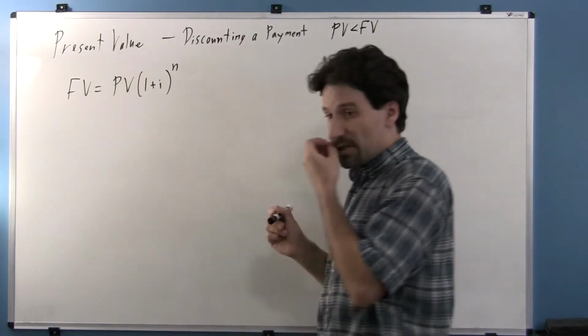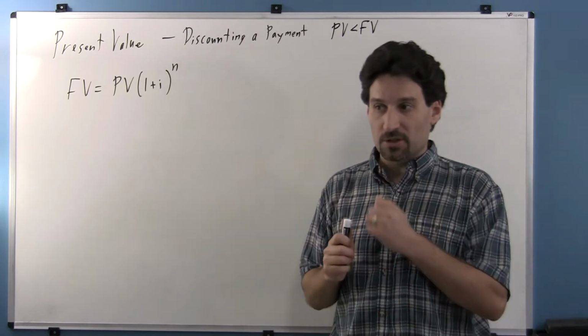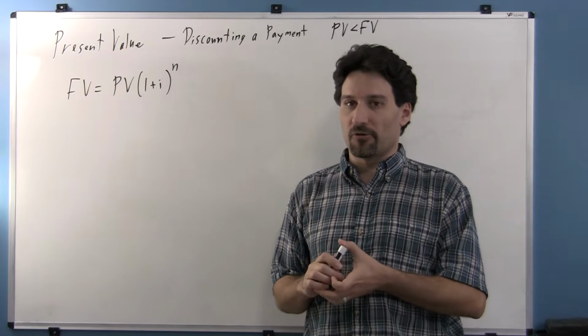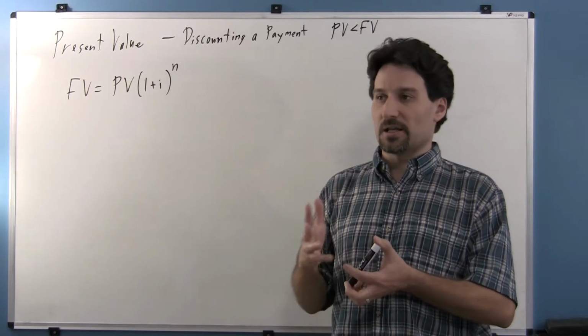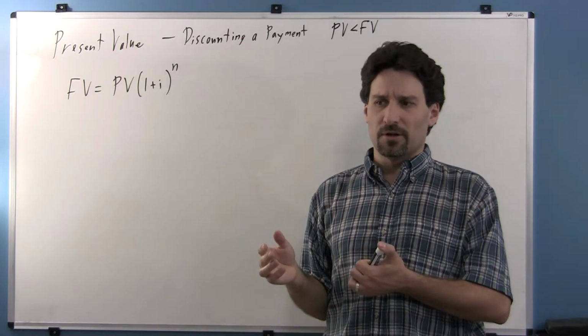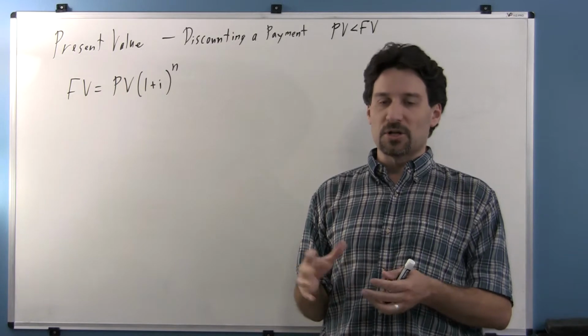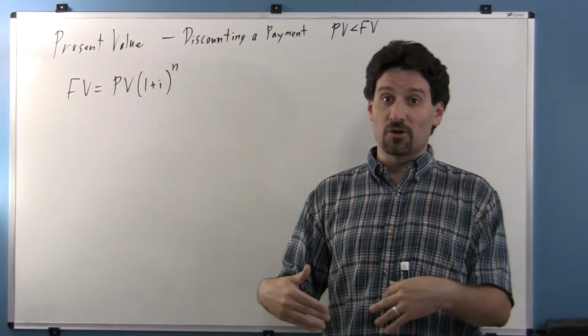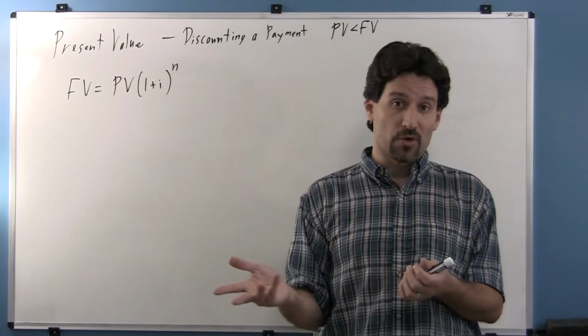The only time this doesn't apply is for certain situations, like biological situations. We have an example that'll come up about a species of frog that catches a disease, and so they die off each year. Well, that would be a negative interest rate.